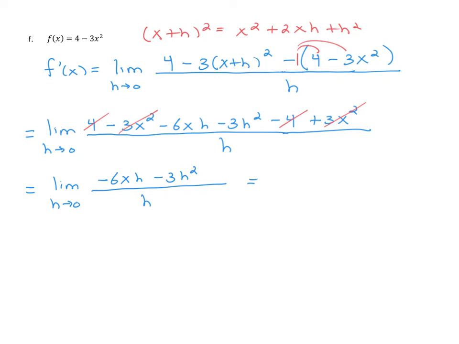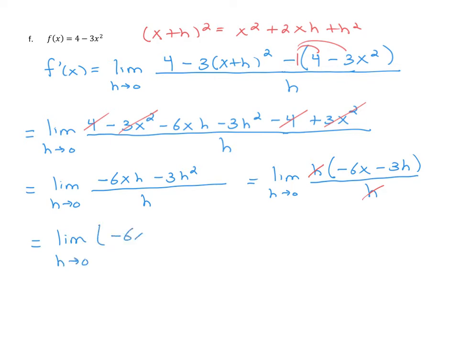We can now cancel the h from the denominator because there is at least one h in both terms in the numerator. So if I factor out an h, I'm left with negative 6x and a minus 3h. So between the numerator and the denominator, I cancel the h's. This is now the limit as h goes to 0 of negative 6x minus 3h.